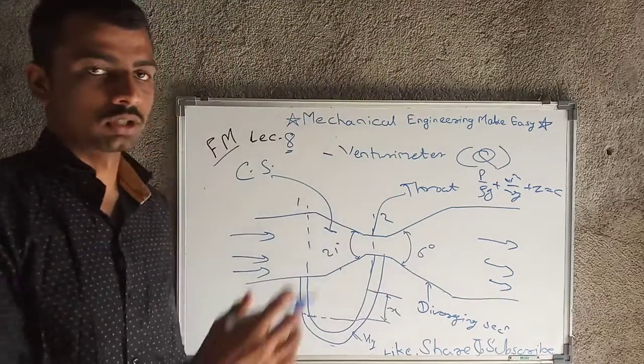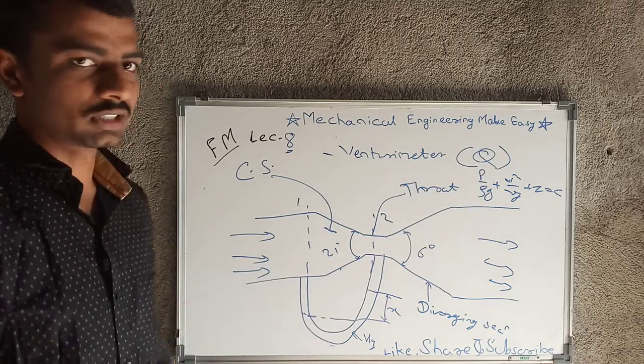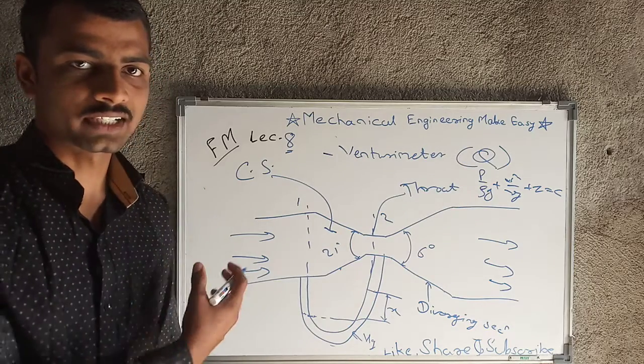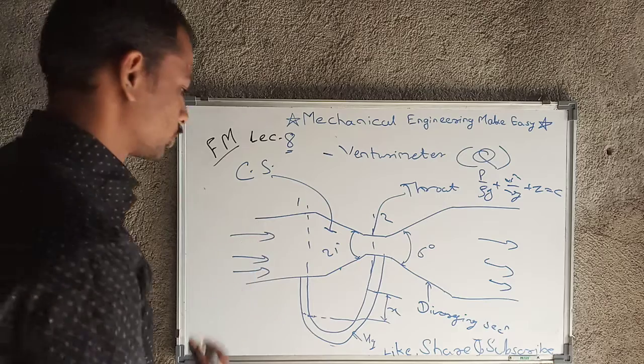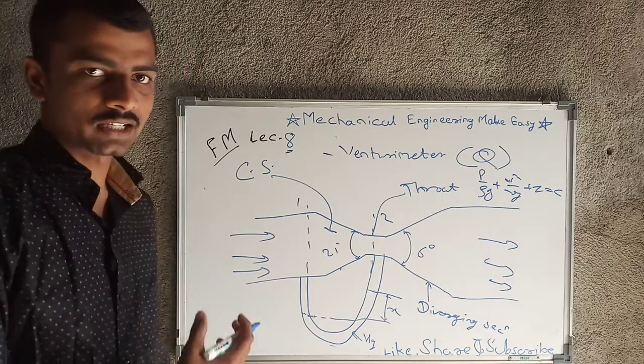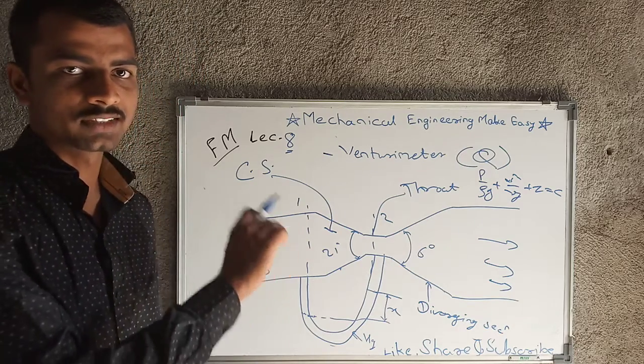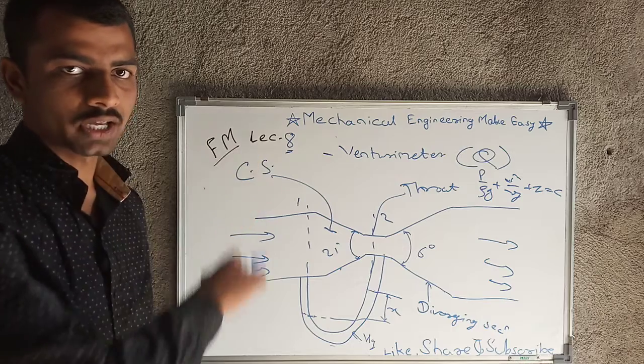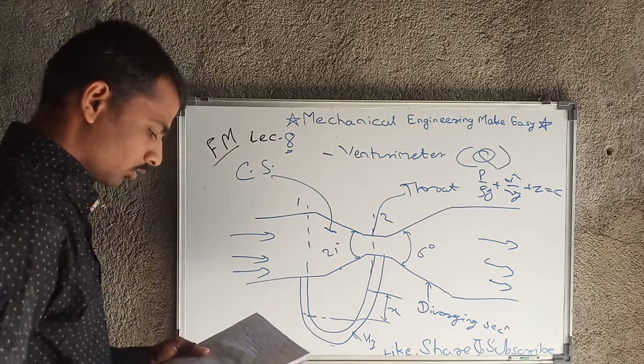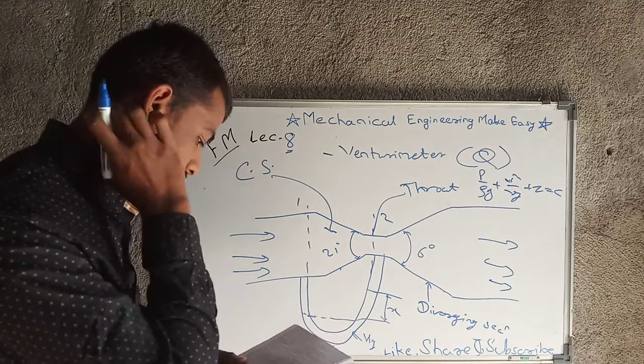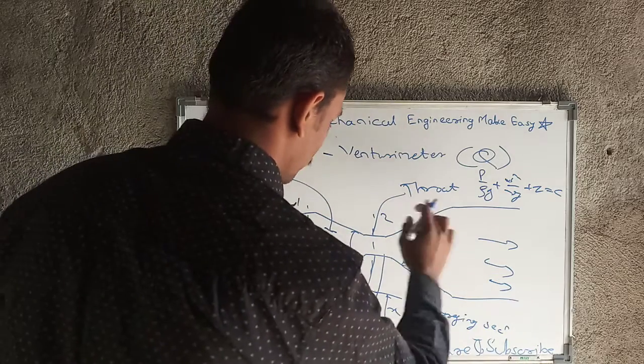Okay, I have discussed this equation in the previous lecture, so you can watch that lecture. If you haven't watched, then go to my channel, where I have a separate playlist for fluid mechanics. You can watch all the videos. Okay, so this is the construction of the venturimeter.